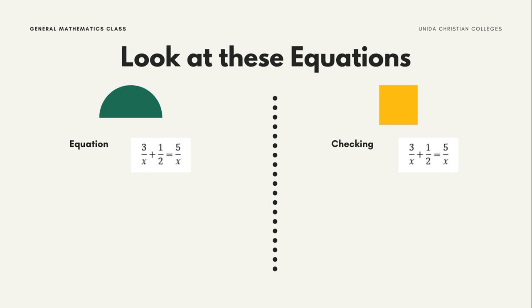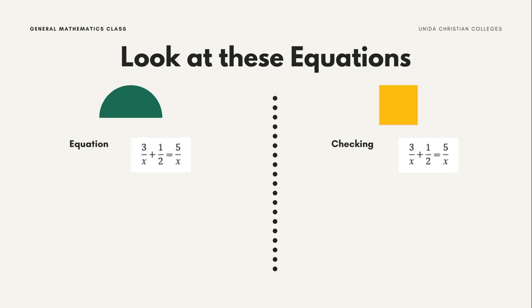So, para mas madali po ninyong maintindihan, ang gagawin nyo lang po is kukunin nyo lang po yung denominator. Ngayon, kapag may umulit, ibig sabihin, yan ay counted na lang po as 1. Again, kukunin na lang sa denominator, yun ang imumultiply natin both sides. And then, pag may umulit, counted as 1. So, check natin. Ang denominator natin dito ay x, 2, and x. So, dalawang x po tayo.